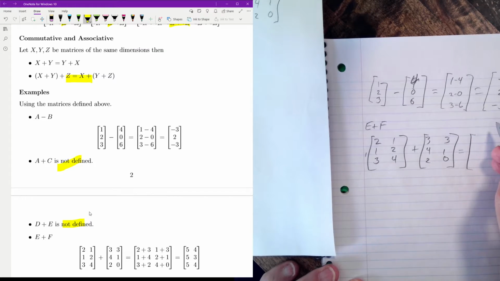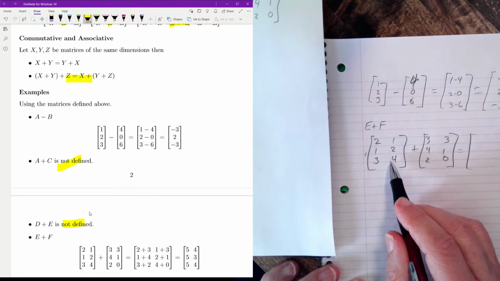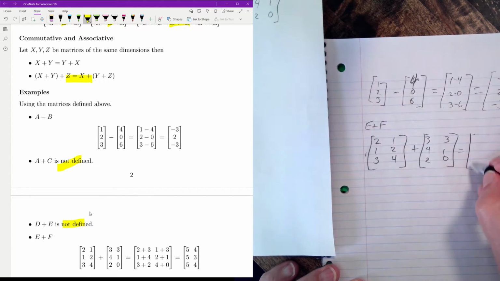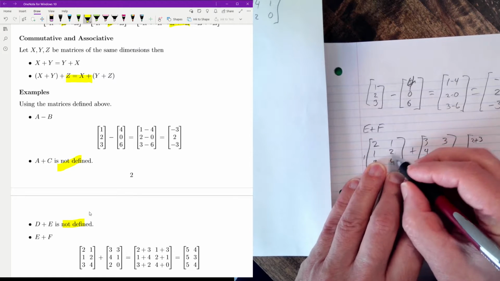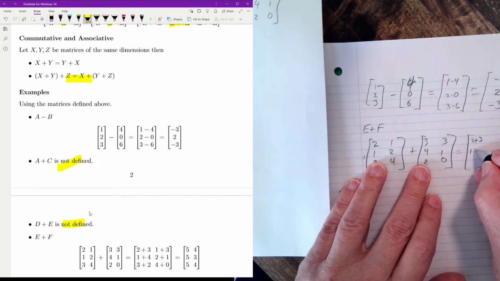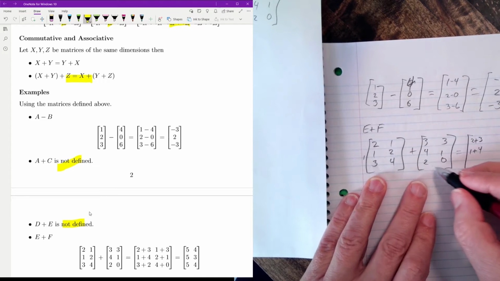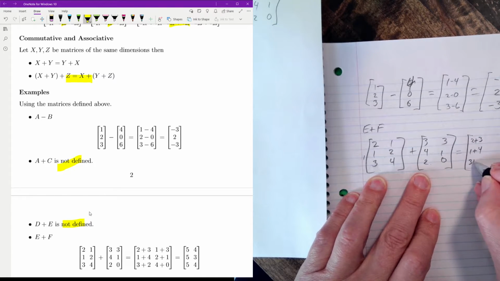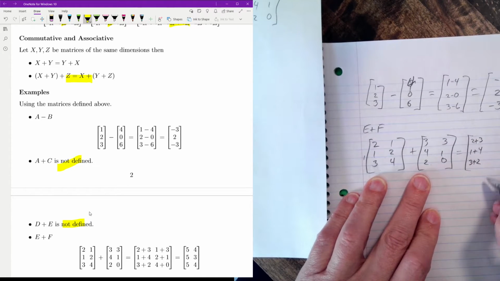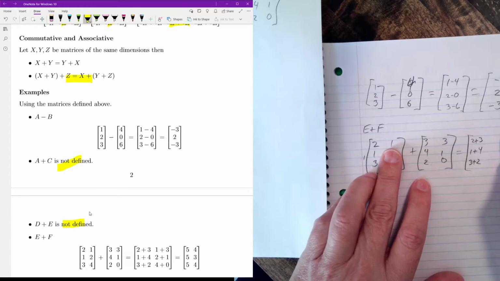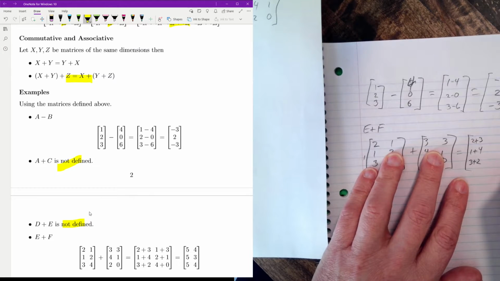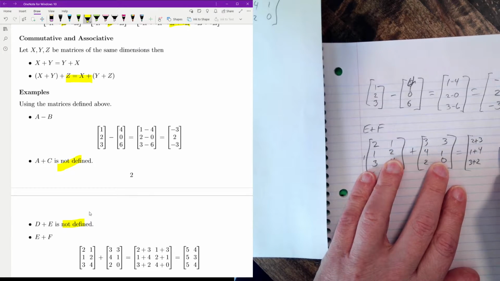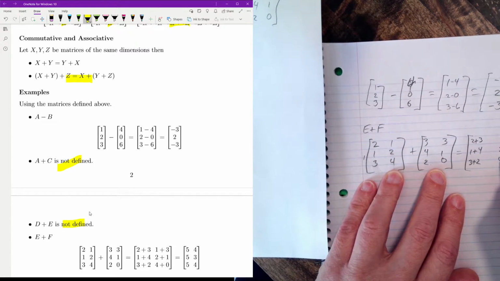Remember, we do the terms element-wise. We're going to end up with a 3 by 2 matrix. So 2 plus 3, 1 plus 4, 3 plus 2, and that's our first column. And then 1 plus 3, 2 plus 1, and 4 plus 0.